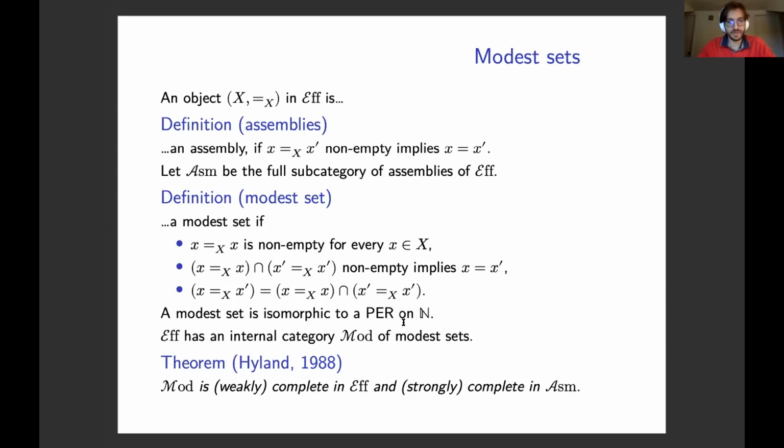The distinction between weak and strong completeness is the one I was referring to before, regarding the stability under pullback. For our purposes, we are only interested in the strong completeness. So our example will be that of the internal category of model sets inside the category of assemblies.